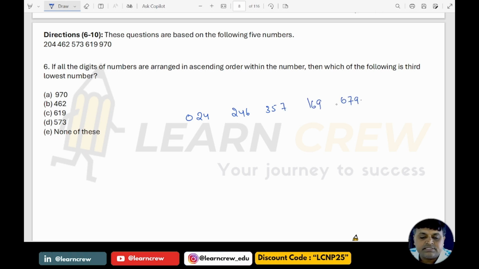Now it is asked which of the following is third lowest? Third lowest is 169. Thereby answer is option C.